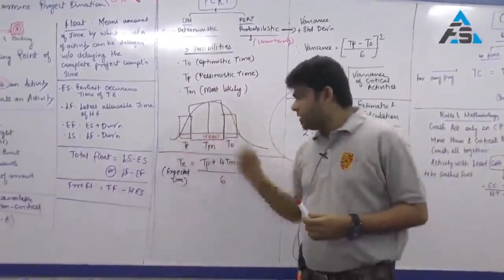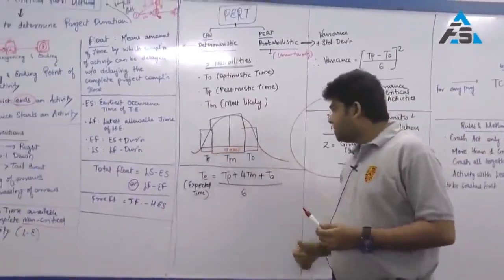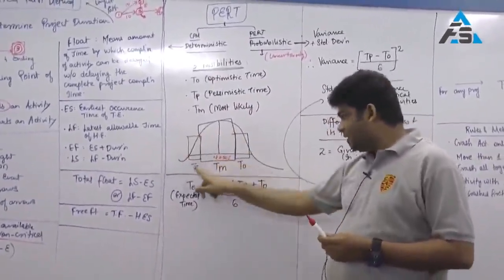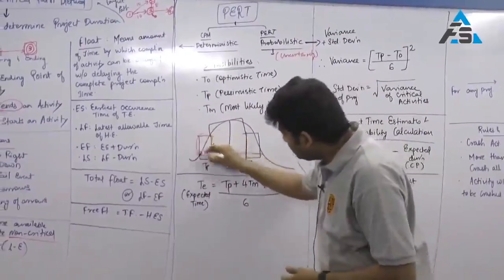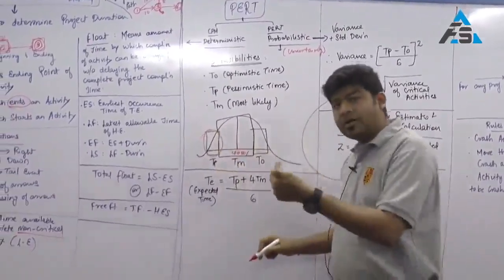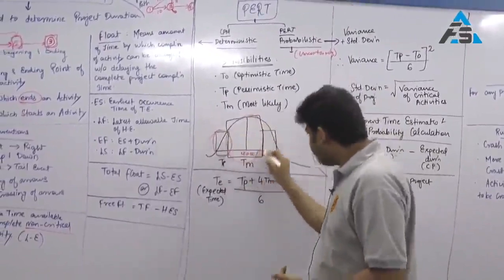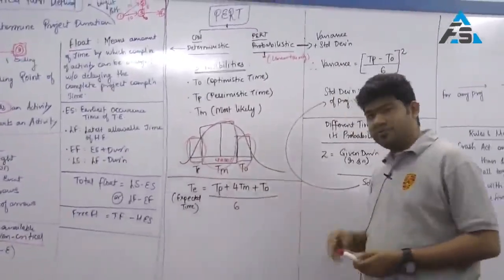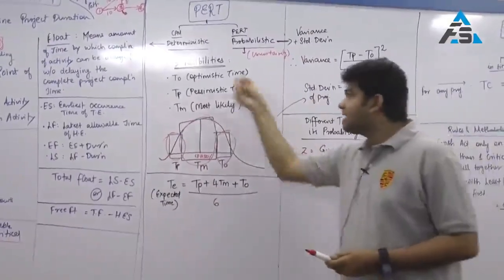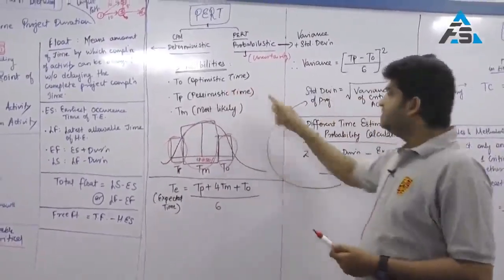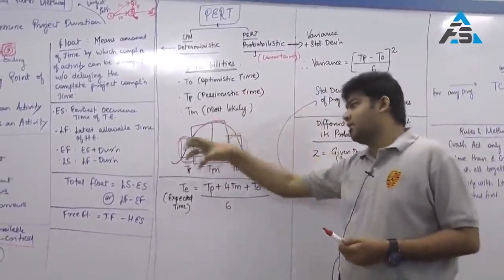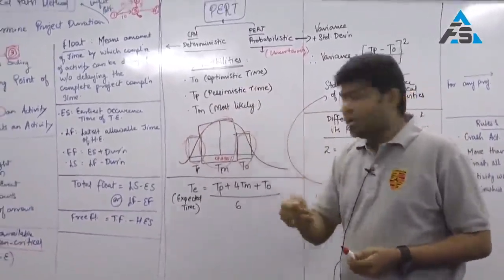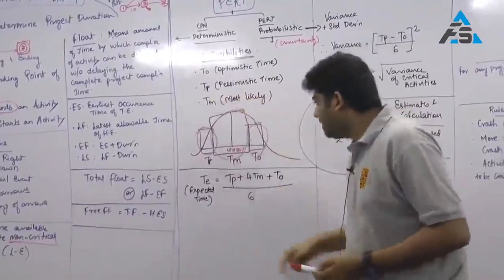If you see this diagram, the probability distribution, normal distribution table, this part will be your TP, this major part will be your TM, and this part will be your TO. Obviously, optimistic time is the best time that I can complete in. Pessimistic time is the latest I can complete that activity. And TM, most likely, is the best chance that I will be completing.